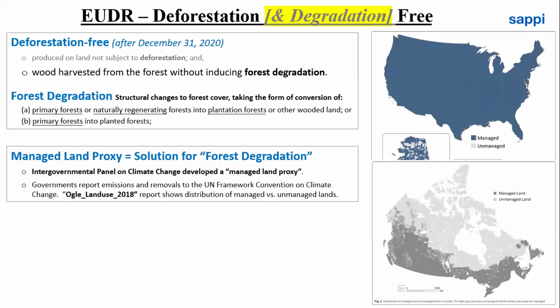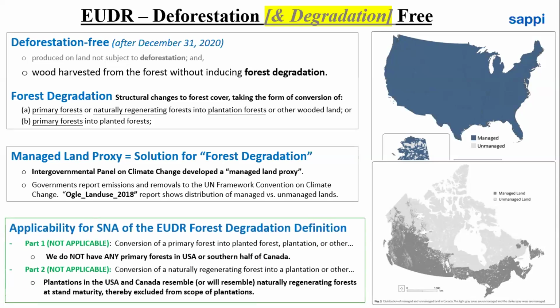If you look at the definition of primary forest, I think that this UN report basically confirms that we don't have any, because the definition of primary forest says that there is no evidence of anthropomorphic activity at any point in the past. No evidence of anthropomorphic activity. That includes First Nations and Native Americans, who heavily utilize these forests.